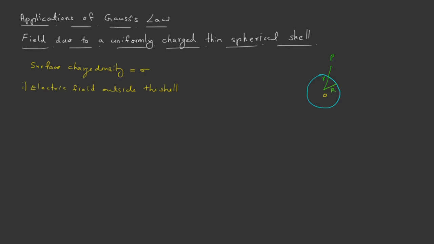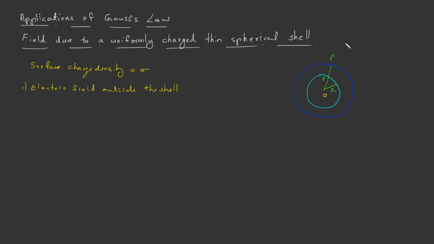That is, the radius vector is r. For finding the electric field, we can consider a spherical Gaussian surface with radius r and center O.